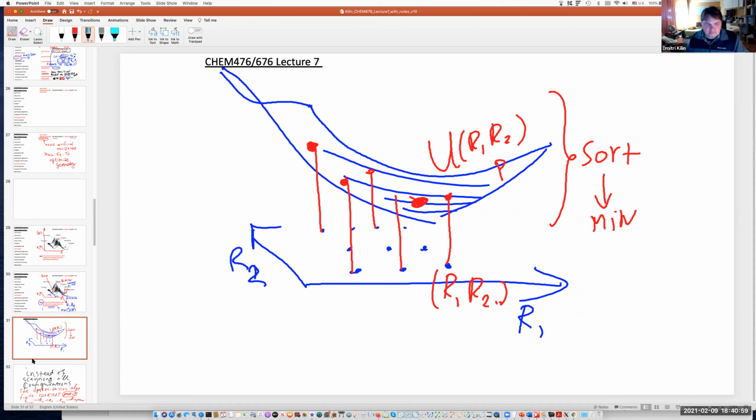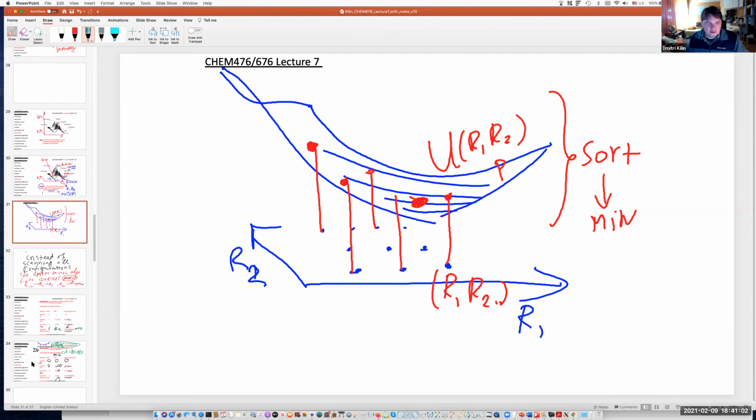So we have two options. One option, and I say that it is not the best one, is to scan through all possible interatomic distances, compute the potential energy surface for any possible distances, which means reconstruct the potential energy surface, and then practice sorting.